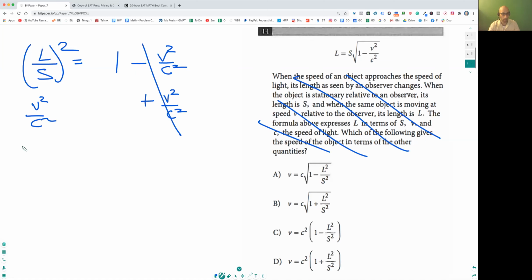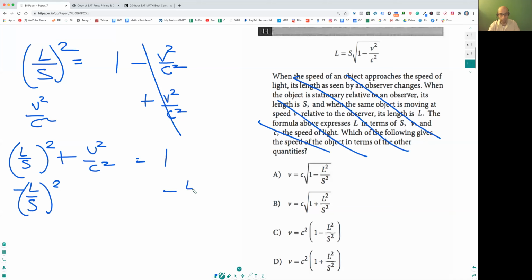So you've got L over S squared plus V squared over C squared is equal to 1, right? And now you want to get rid of this L over S squared, right? So be careful. You subtract L over S squared, like this, and this goes away. And so now you've got V squared over C squared is equal to 1 minus L over S squared.